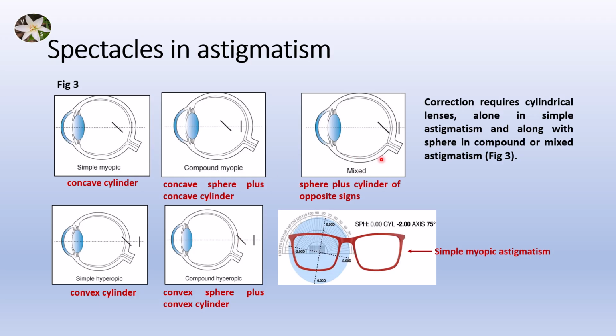And in mixed astigmatism, you would require a sphere and a cylinder of opposite signs. Now this figure here is showing a cylindrical lens for correction of simple myopic astigmatism.